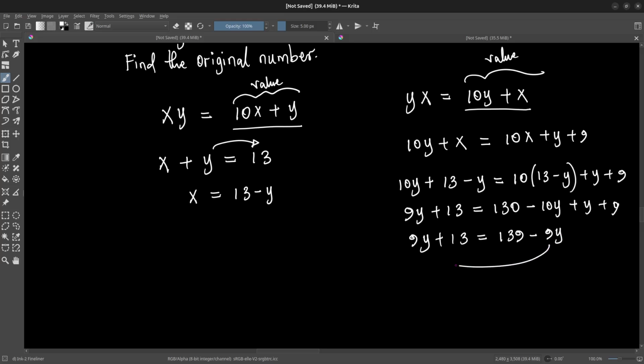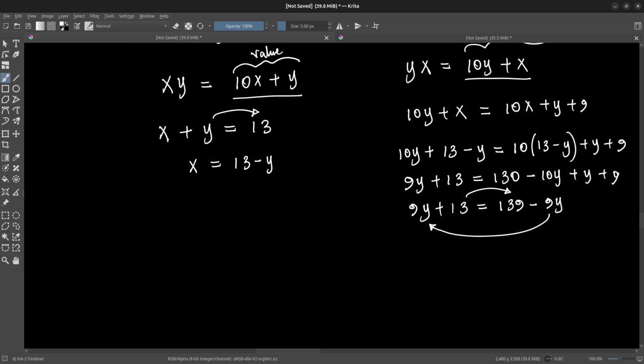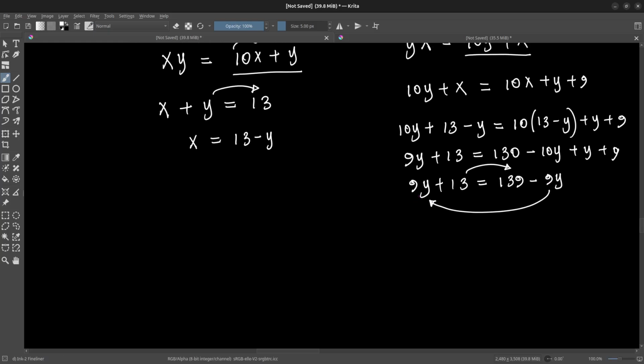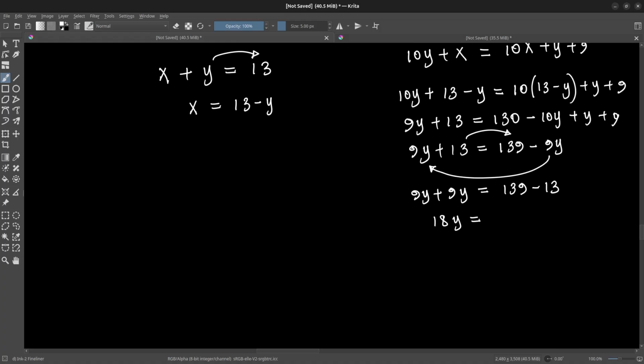Let's bring this y to the left side, and we are going to take the 13 to the other side. When the y comes to the left side, we will have 9y plus 9y equals 139 minus 13. So 9 plus 9 is 18y, equals 139 minus 13, which is 126.